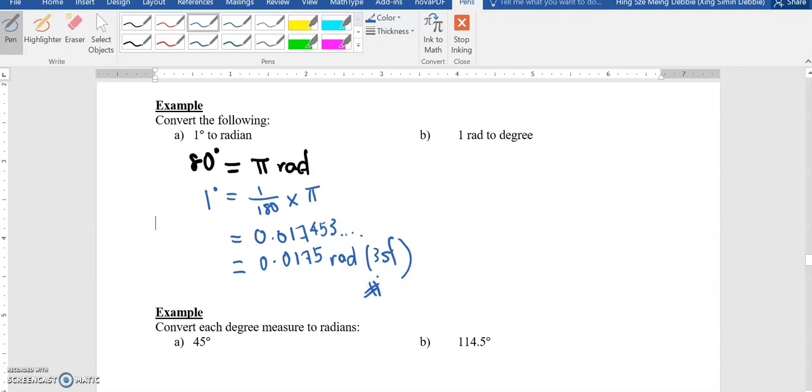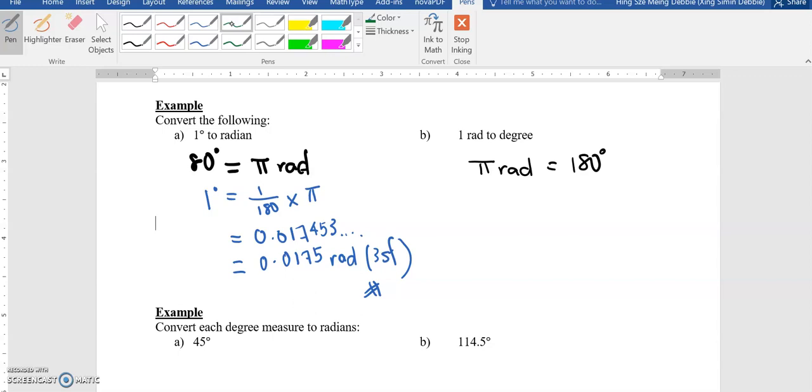The other way, if I have 1 radian and I want to convert it into degrees, we know that pi radians is 180 degrees. If you remember, pi can be seen as a number, about 3.141 and so on.